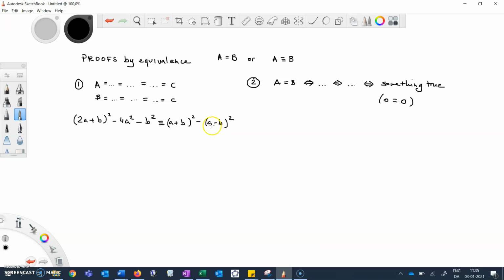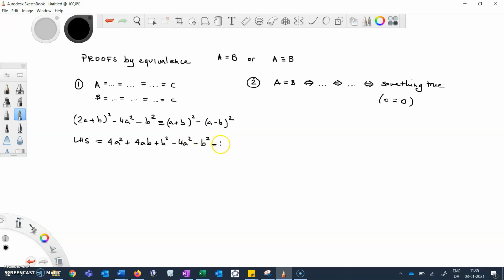So you see here, it's more convenient to work independently on each side and reach a common statement C that we then compare, right? So we take the left-hand side, and the left-hand side is going to be equal to 4a squared plus 4ab plus b squared minus 4a squared minus b squared.